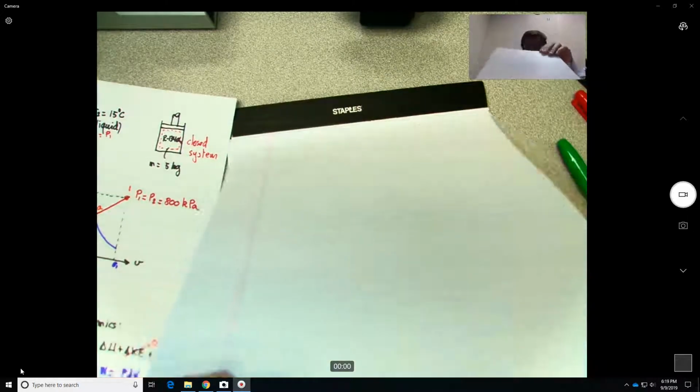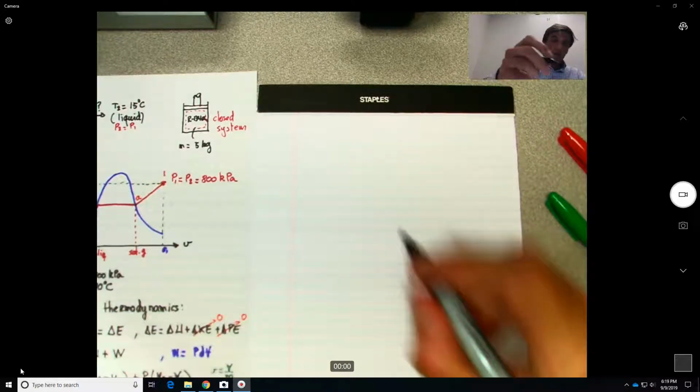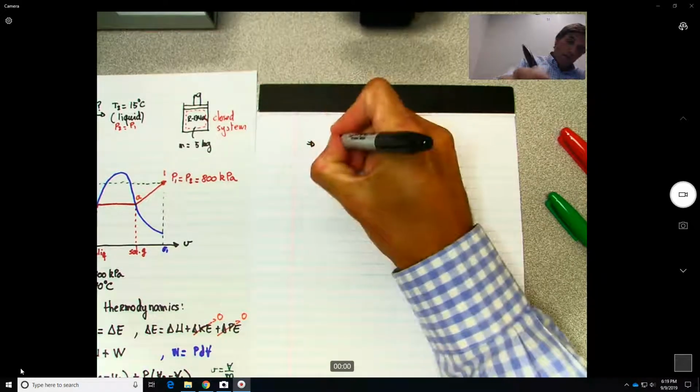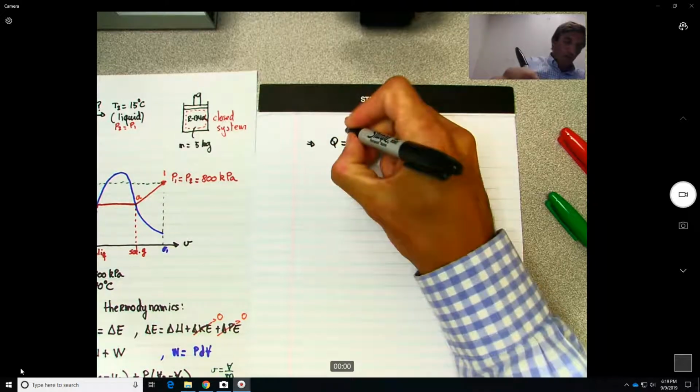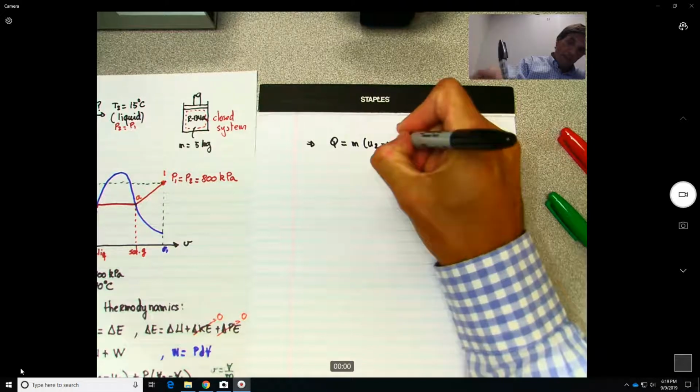So if I do just the basic algebra over here, we have that Q will be equal to m(u2 - u1).